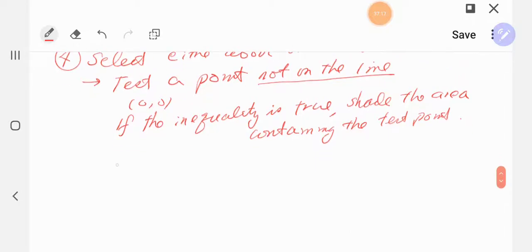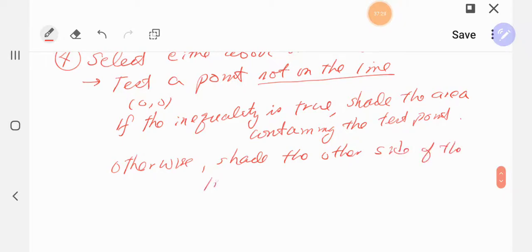Otherwise, shade the other side of the line, the other side of the line that does not contain the test point.